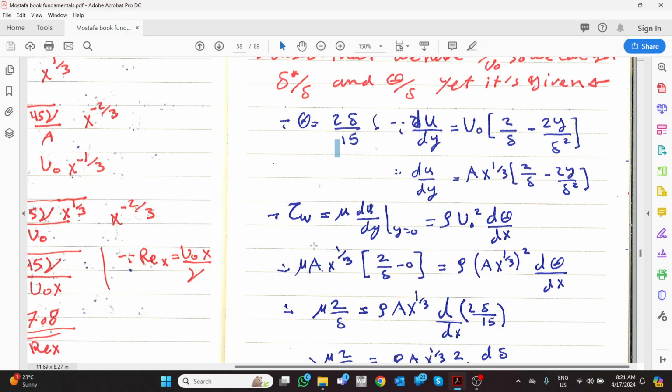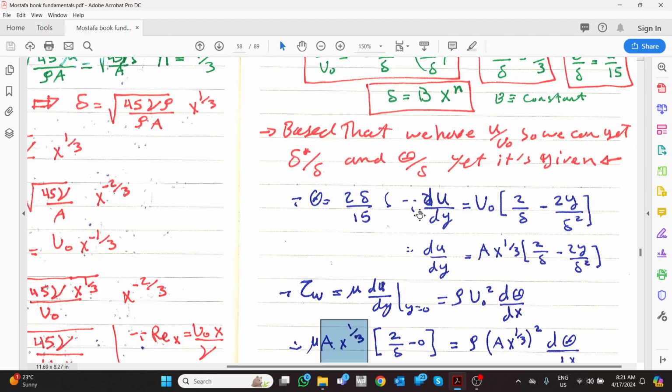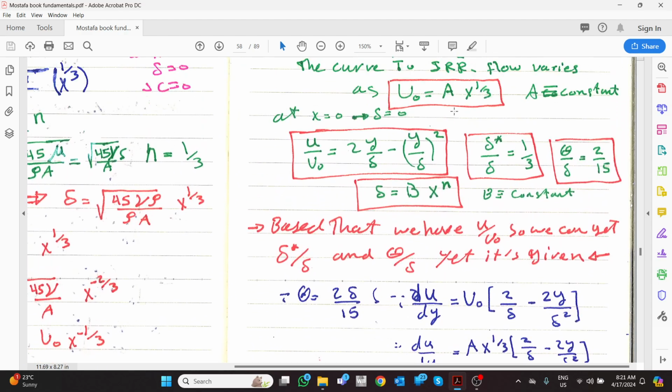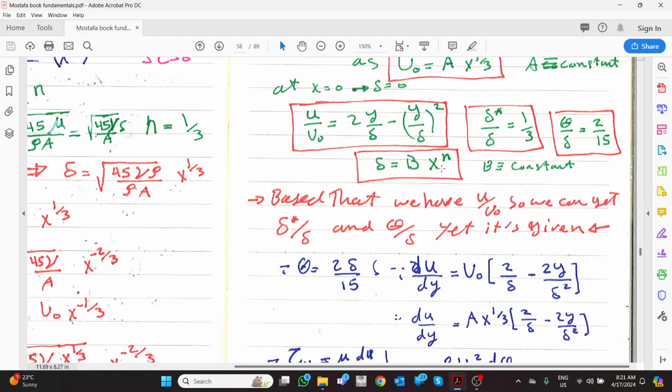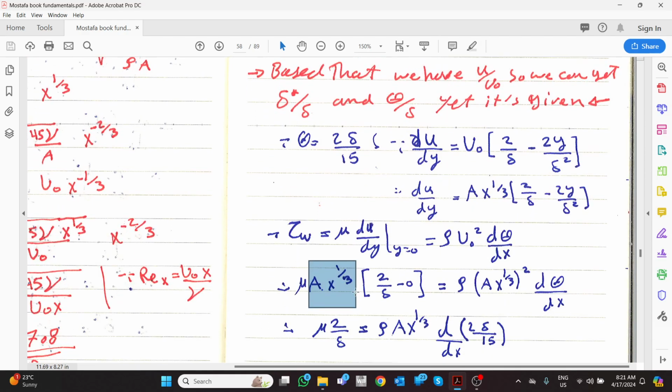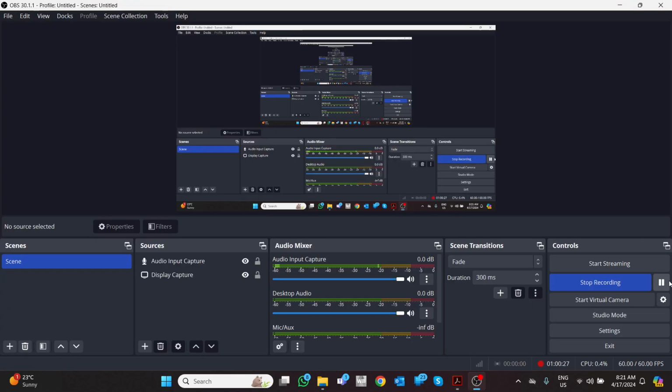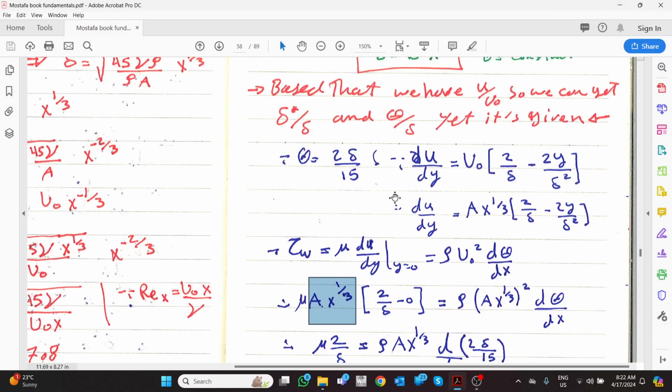By the way, it's just mu a x cube. It is u naught. One second. I got confused.